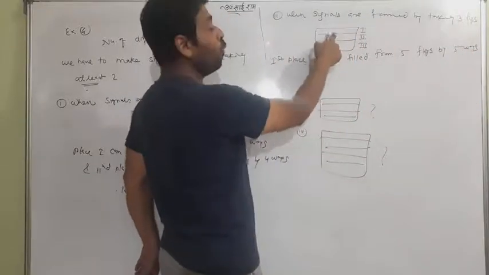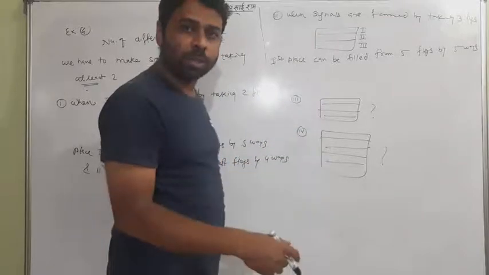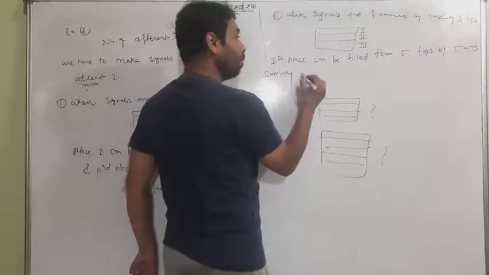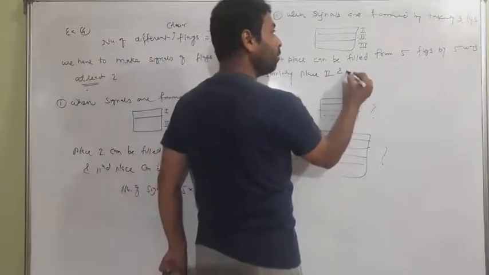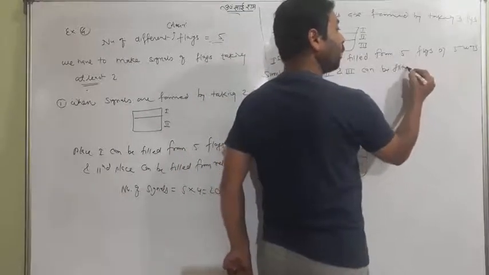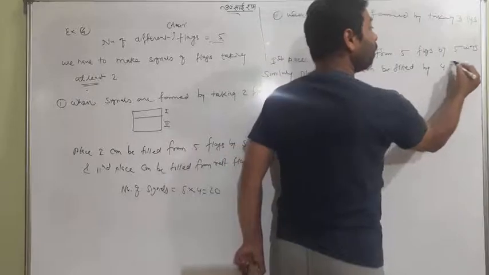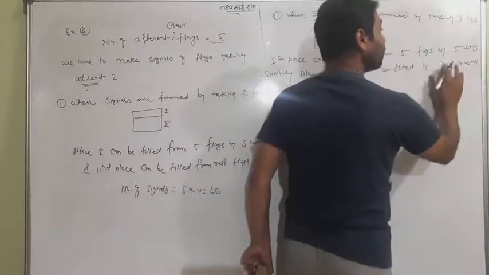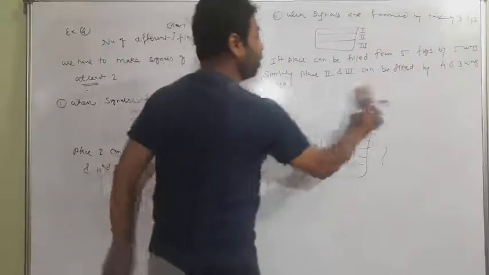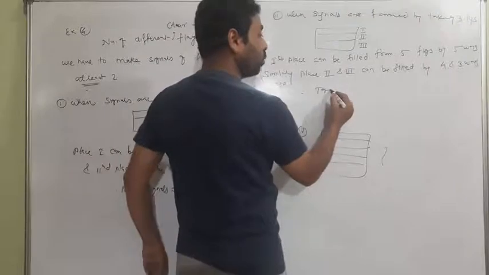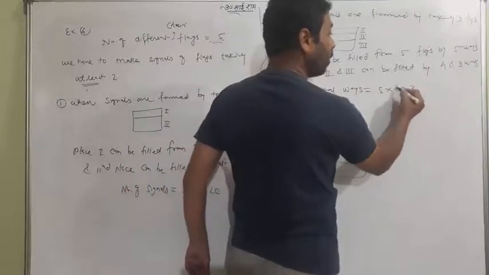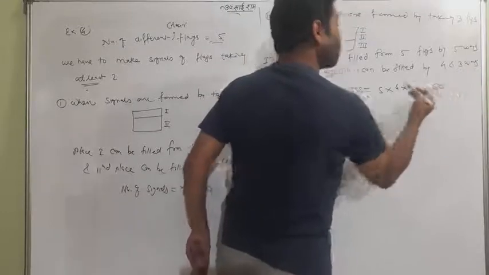This will be by 4 ways and this will be by 3 ways. It's very genuine and simple. Similarly, place 2 and 3 can be filled, in short I'll write, in 4 and 3 ways respectively. So in this case, total ways of the arrangement will be 5, 4 and 3. So 5 times 4 is 20, and 20 times 3 is 60.